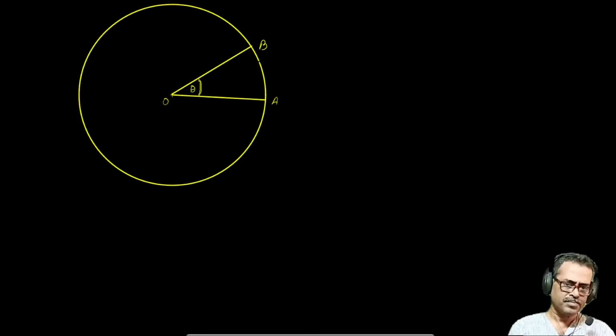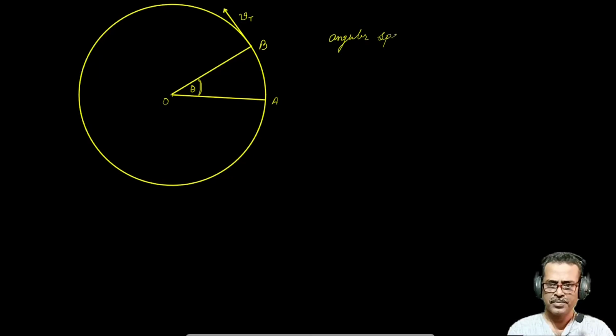Now, if its tangential velocity be v tangential, the tangential velocity of the particle, therefore its omega, that is angular speed, is equal to v tangential divided by r. R is the radius of the circular path.